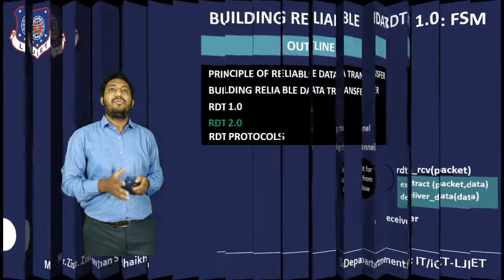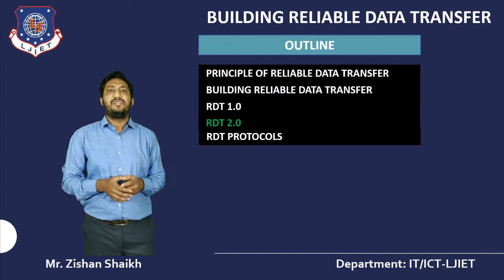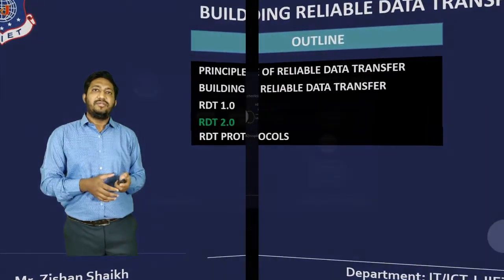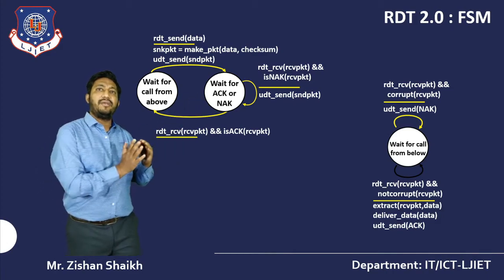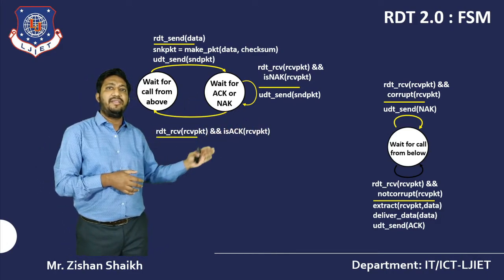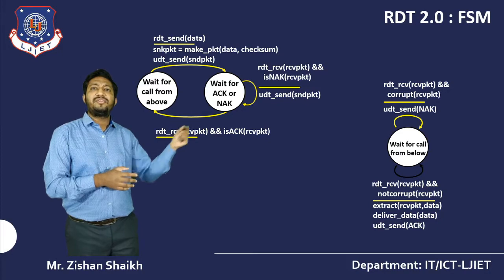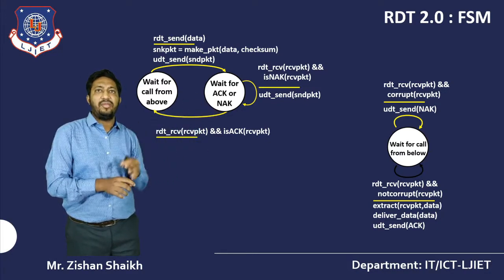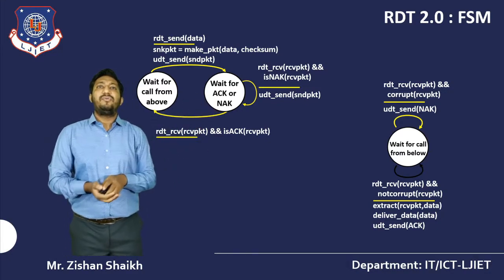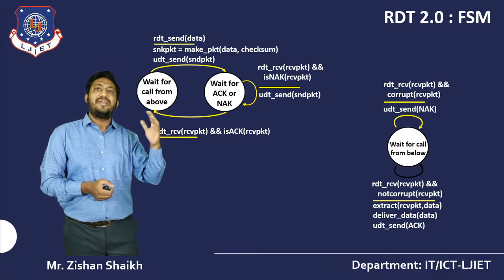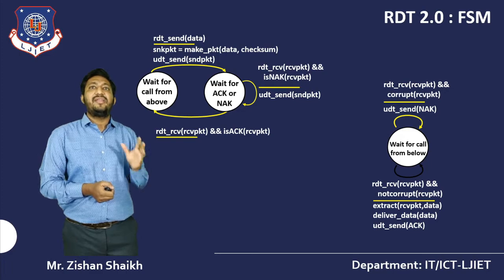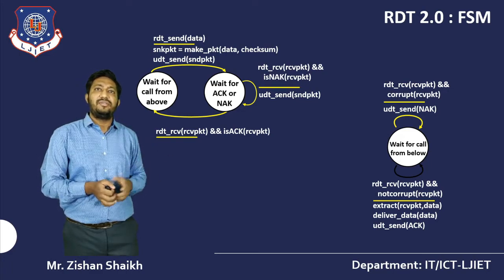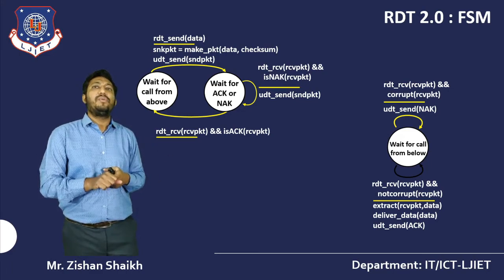For that we have to understand the second version, RDT 2.0. RDT 2.0 is separated at both the sender side and the receiver side. First understand how the process works. The user is sending data from source to destination, and if any error occurs during the transmission, then an acknowledgement is also provided.